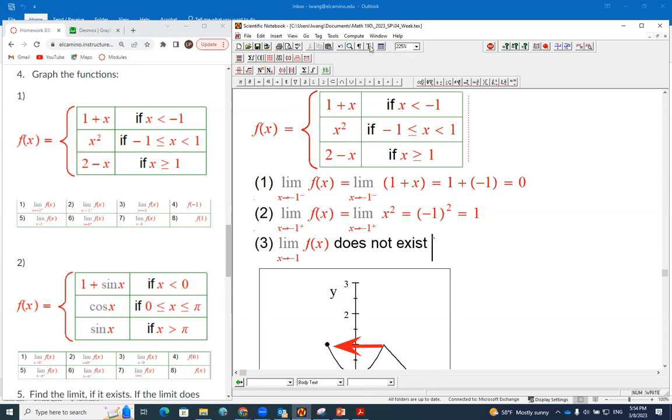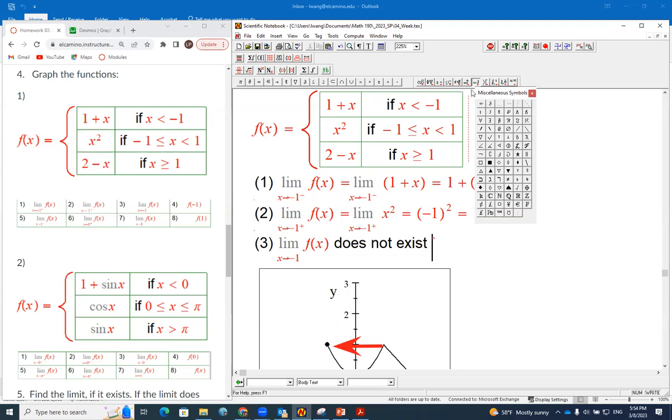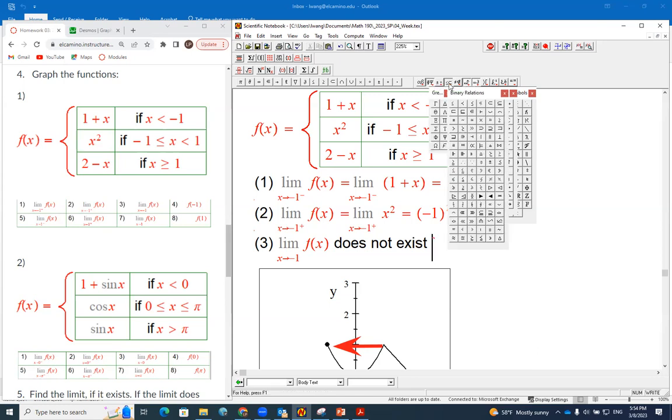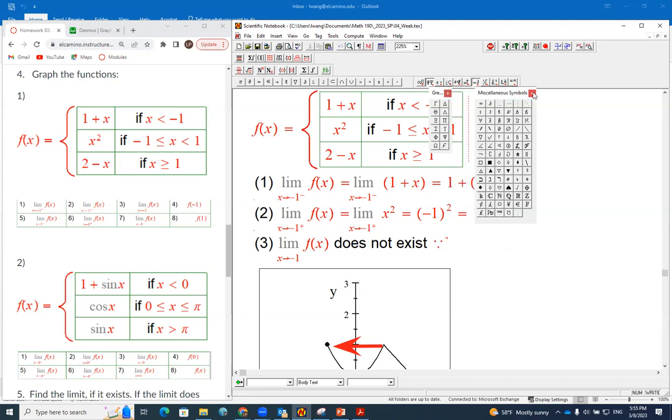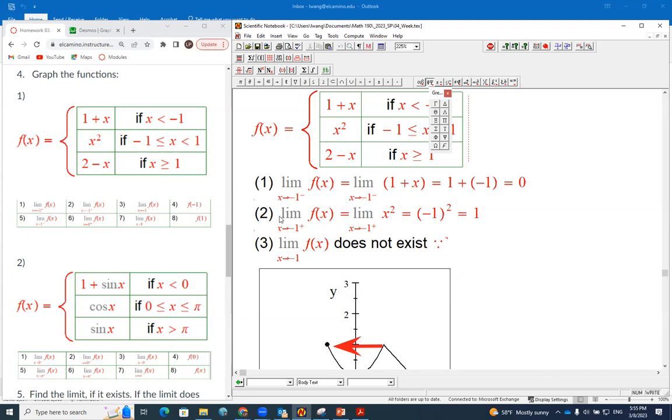because, I can use whichever symbol you like, because these two limits are not the same.